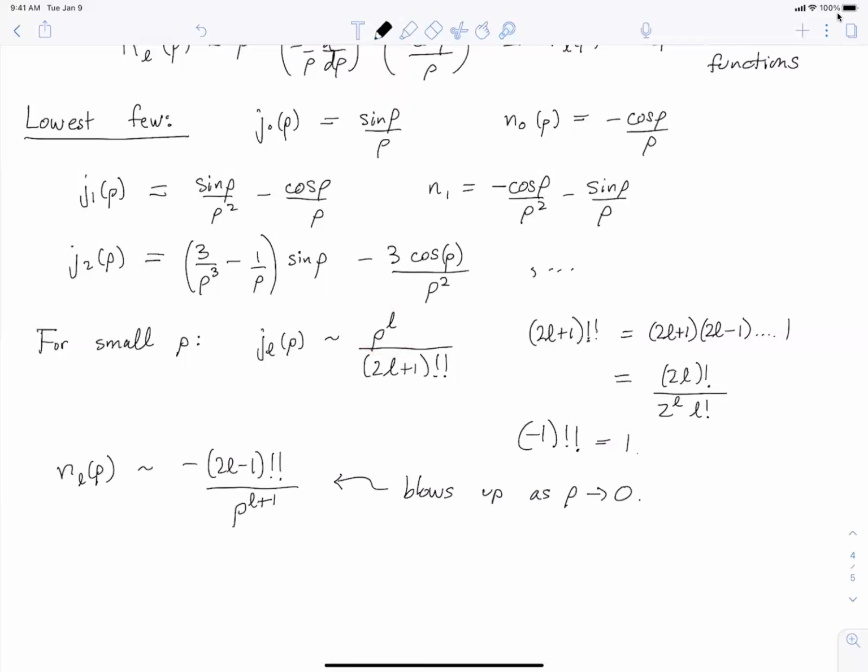Okay, so those are bad solutions if you insist on including the origin, but they're still okay for an otherwise free particle that's excluded from the region r equals 0.